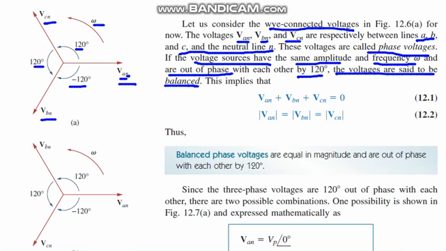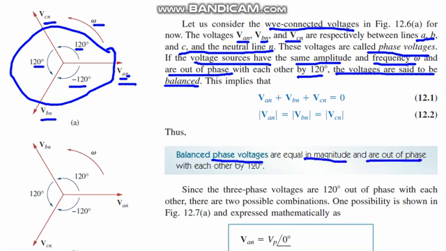If each of the phase voltages is 120 degrees apart from each other, it is known as a balanced three-phase circuit. Balanced phase voltages are equal in magnitude and out of phase with each other by 120 degrees. If VAN is at 0 degrees, VBN will be minus 120 degrees and VCN will be plus 120 degrees, that is 240 degrees apart.